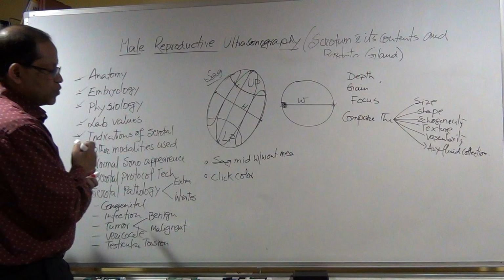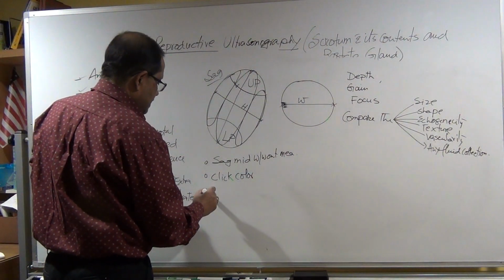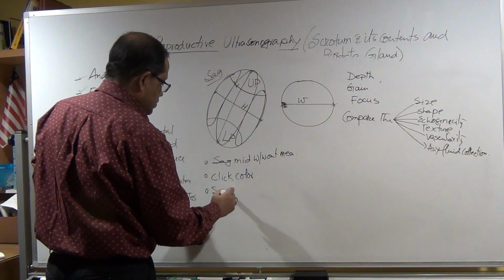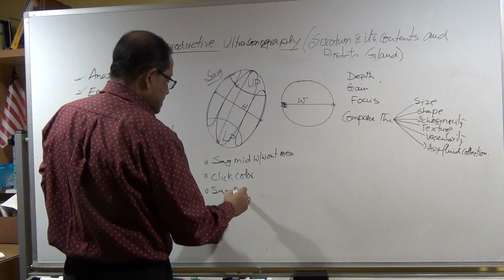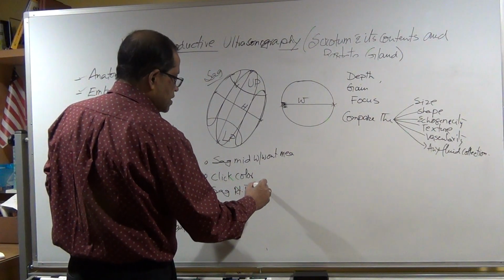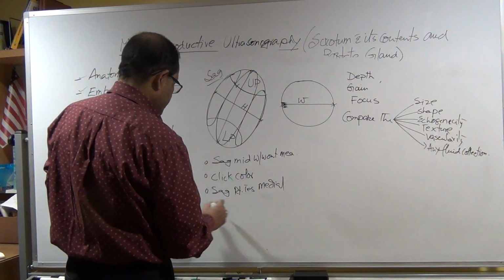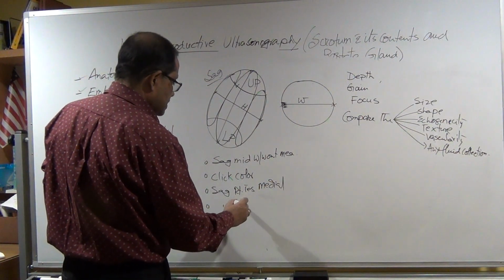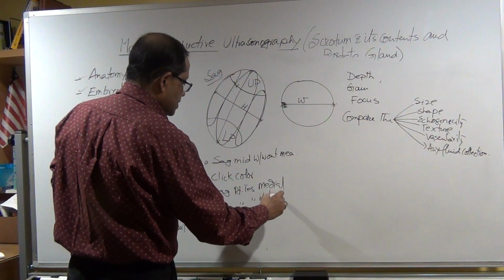Check the color, vascularity. Then take the picture. Sagittal, if it's the right testis, sagittal right testis medial, sagittal right testis lateral.